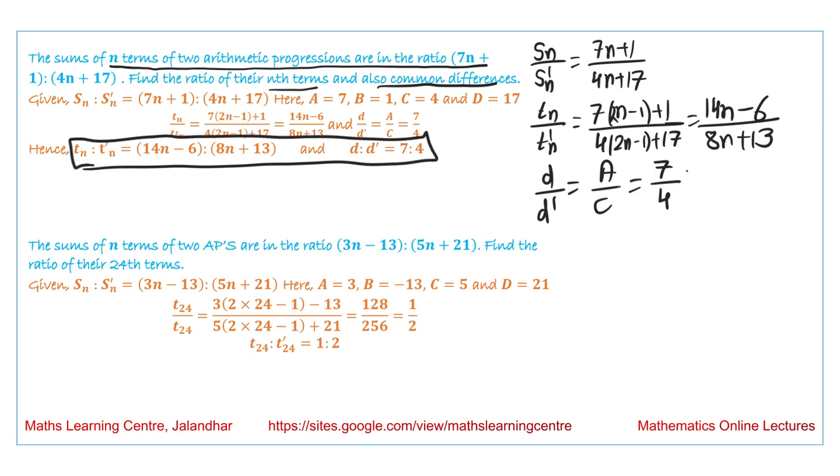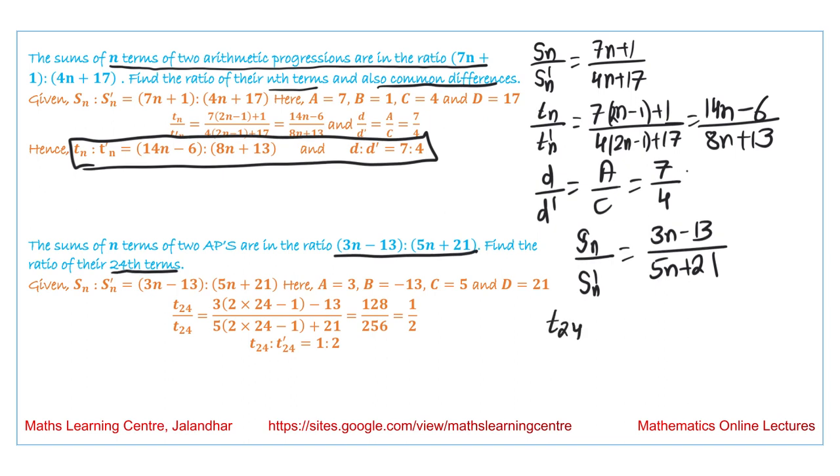Next is, the sum of the n terms of two APs are in the ratio Sn over Sn dash, given to be (3n − 13) by (5n + 21). Find the ratio of their 24th terms. So we have to calculate the value of T24 by T dash 24.